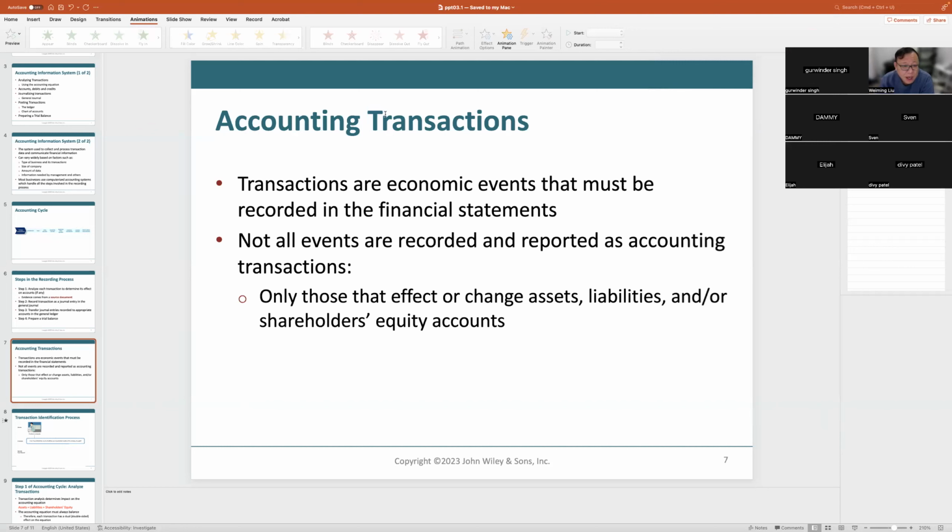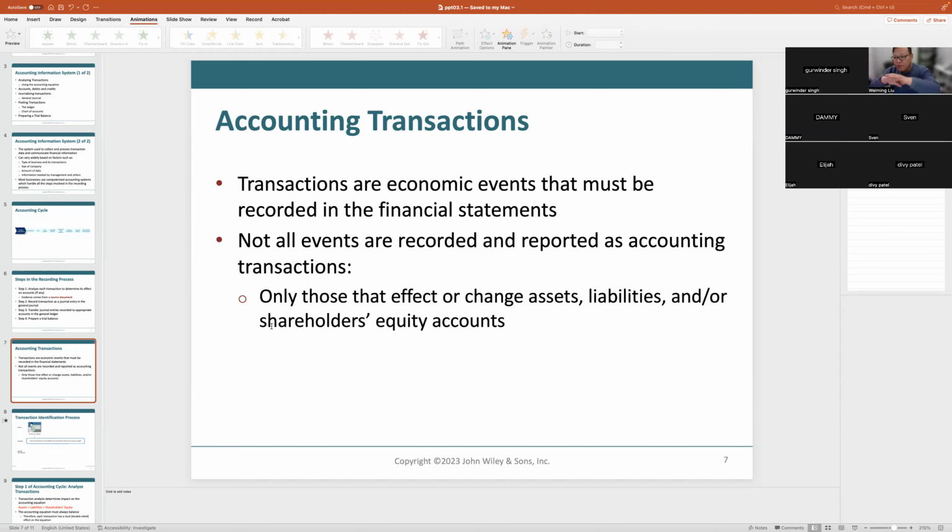Okay, so accounting transactions. Accounting transactions are economic events that must be recorded in a financial statement. Not all events are recorded and reported as accounting transactions, only those that affect or change asset, liability, and or shareholders' equity accounts.